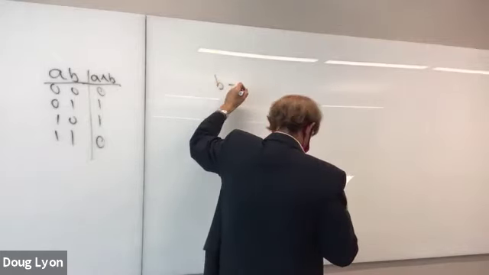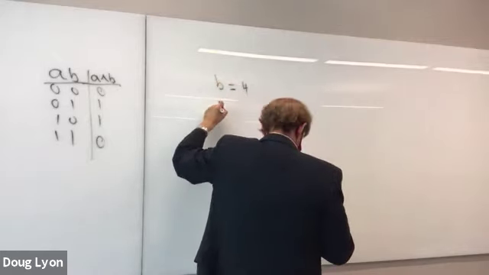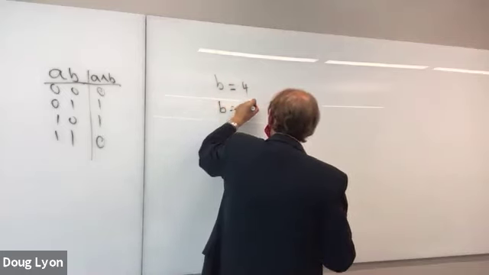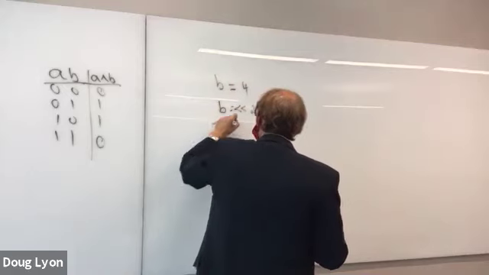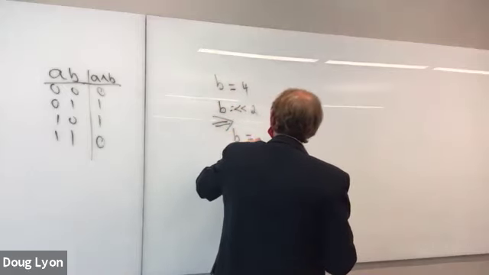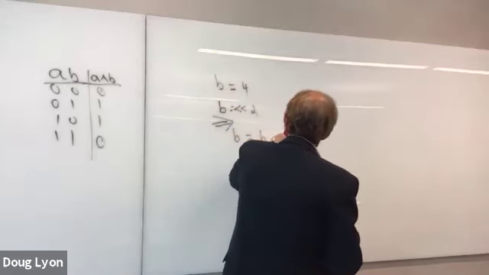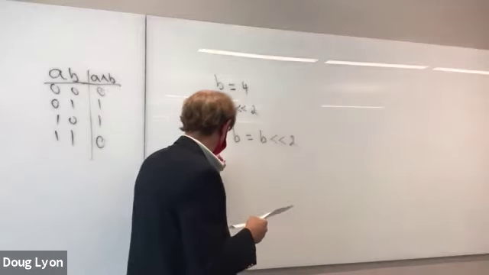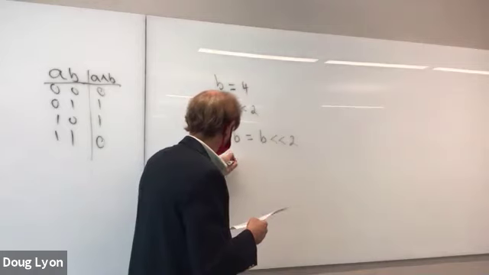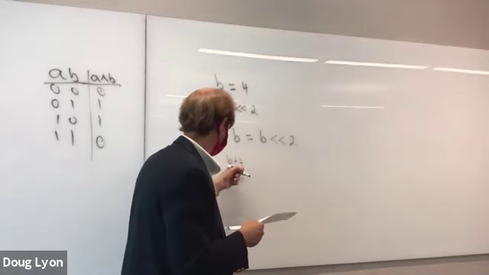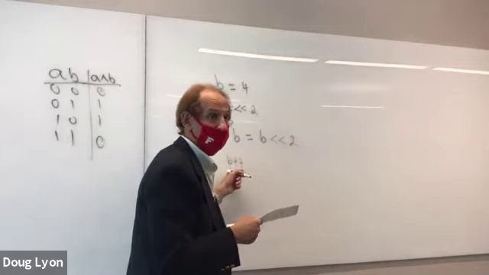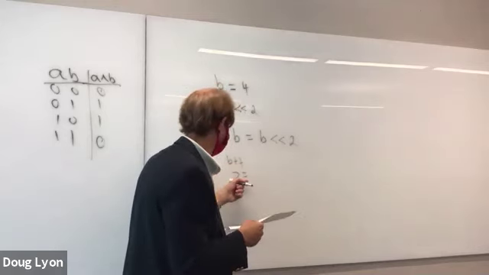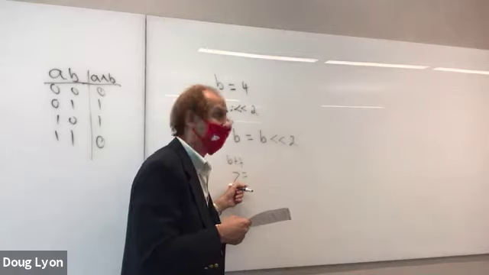B equals 4. B equal left shift 2 is the same as B equals B left shift 2. And the reason why is the same reason why you can use C B++. If you put operators next to one another, greater than equal, things like that, it treats it as a single operator.